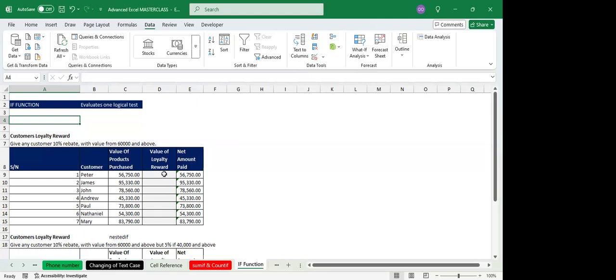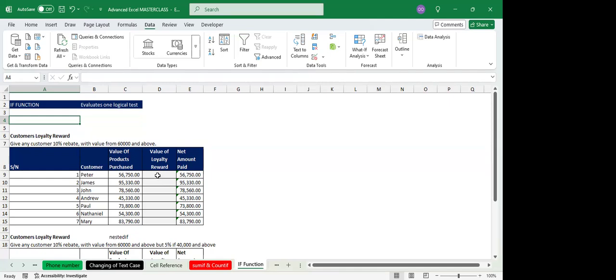Now, with the understanding of mathematics, the condition is give any customer 10% rebate with value from 60,000 and above. Please, this Peter, what is the value of the discount he will get? Somebody should tell me. Are you sure? 56,000?